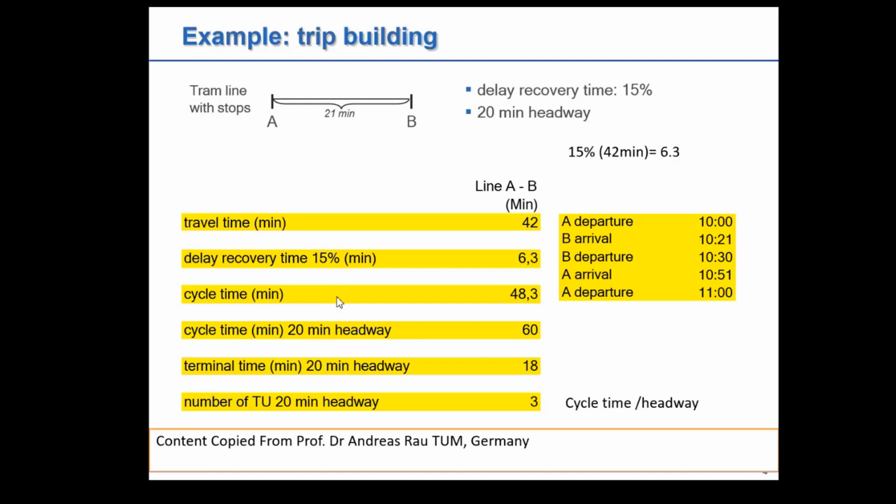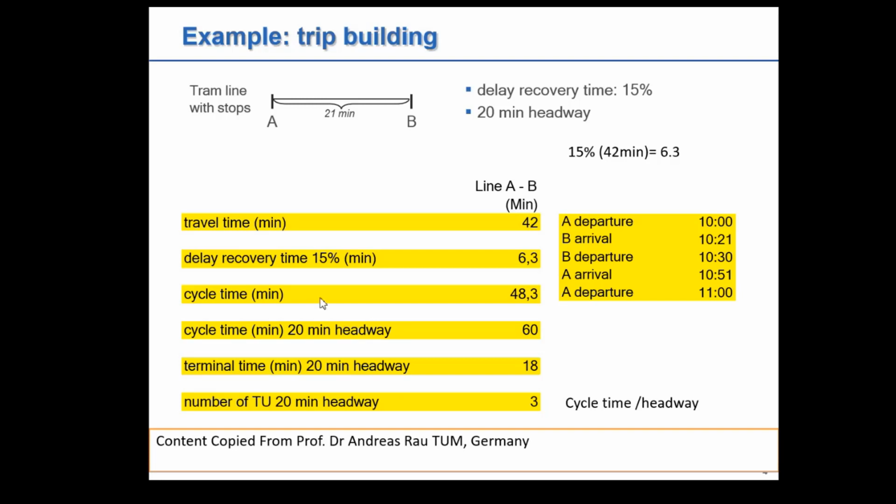If you have a look, the total time is 60 minutes and the total travel time is 42 minutes. So 60 minus 42 is called the terminal time. Terminal time means the time the same vehicle stands at the same station without moving, plus the same delay recovery time is also added here.